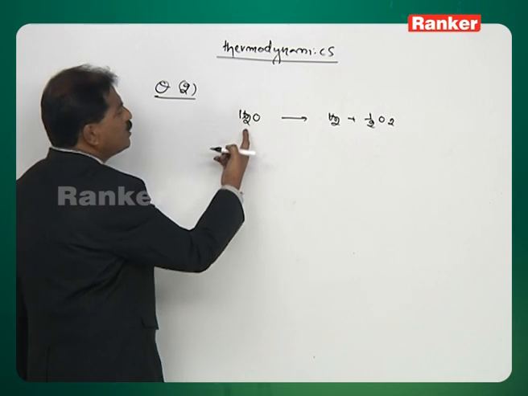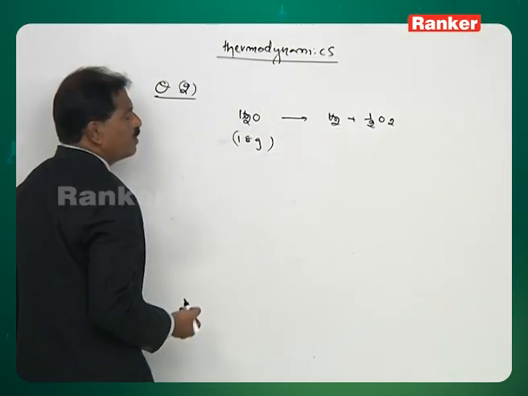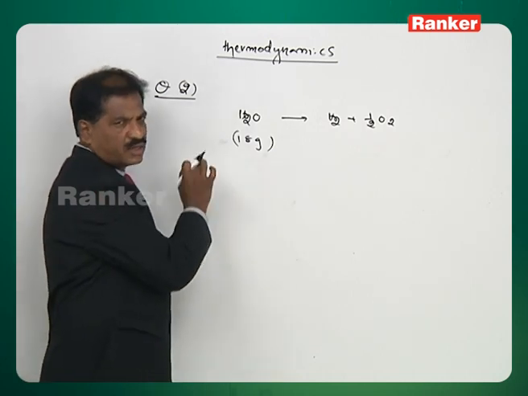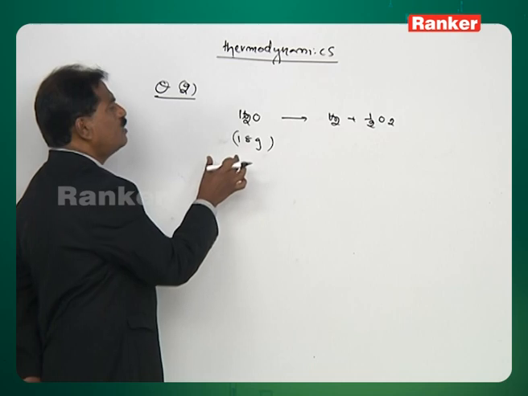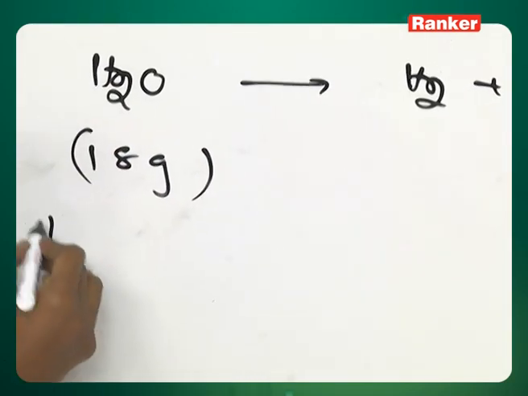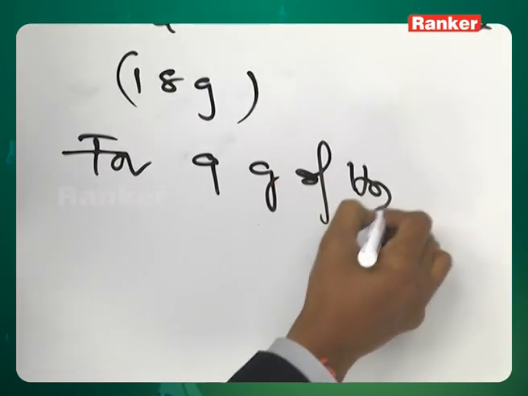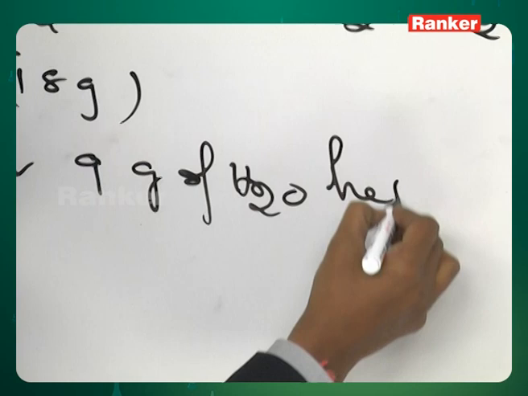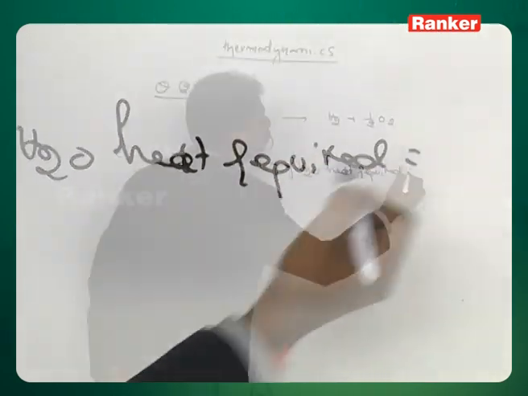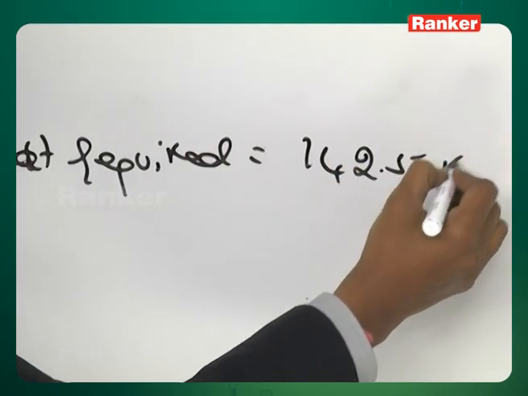According to the stoichiometry, 18 grams of water is participating, but in the problem, the heat required is given for 9 grams of water. Therefore, first calculate the quantity of heat required for decomposition of 18 grams. For 9 grams of water, heat required is 142.5 kilojoules.